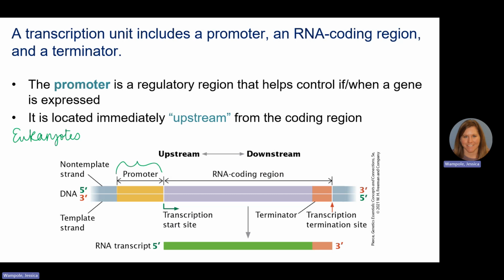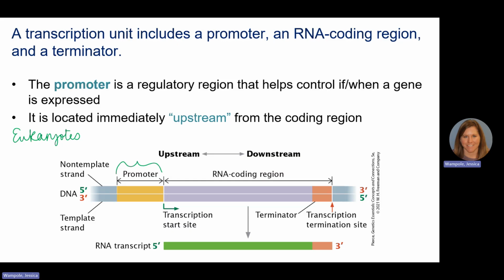So after the promoter, or actually, let me back up one more thing. Part of the promoter's job is regulation. No gene is going to be copied into messenger RNA until the gene is, in air quotes, turned on.